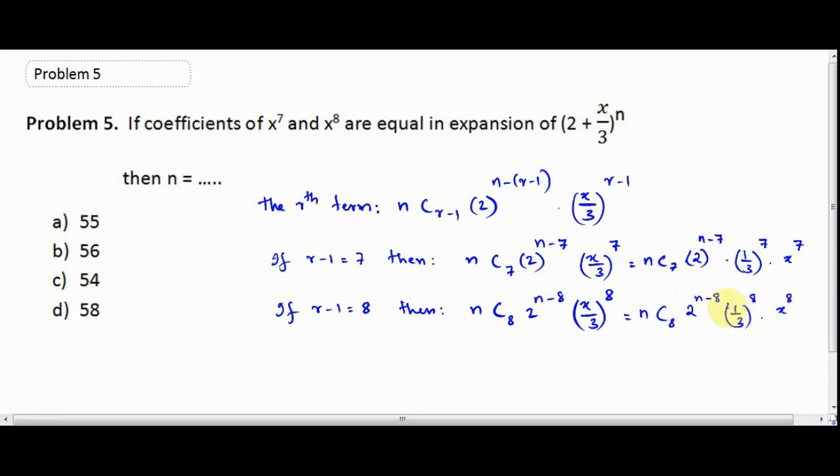So let's see the coefficients. This is the coefficient of x raised to 7, and this one is the coefficient of x raised to 8.